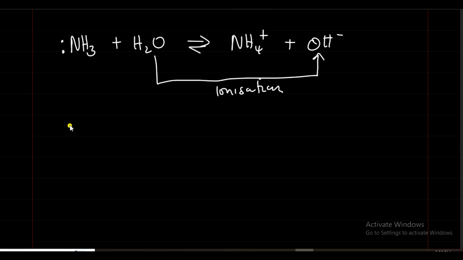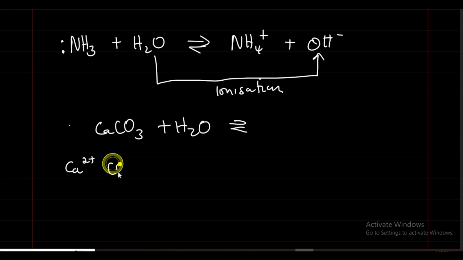But if you check other types of bases, let's say you check calcium carbonate in water, what is going to happen? So we'll have this calcium dissociate first to form calcium cations and carbonate anions.